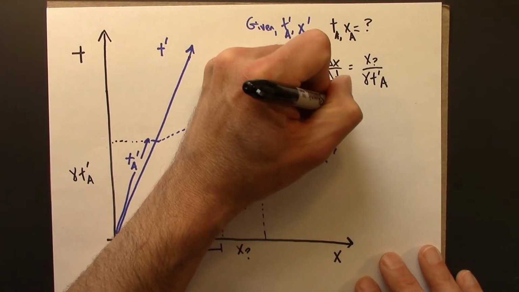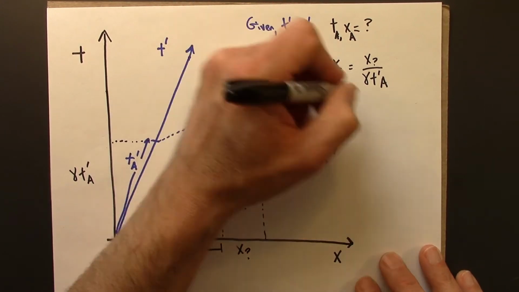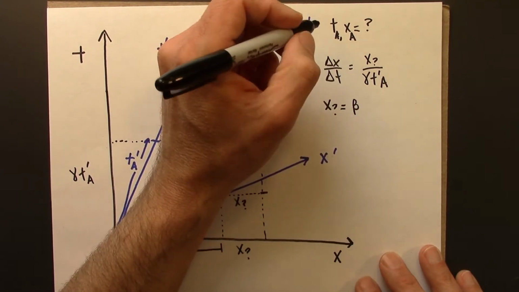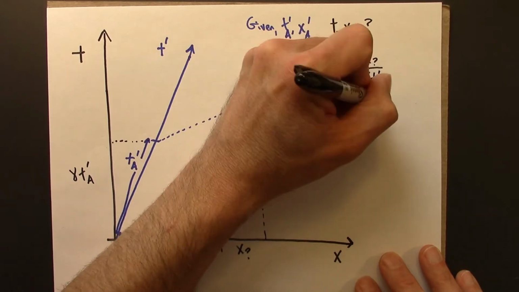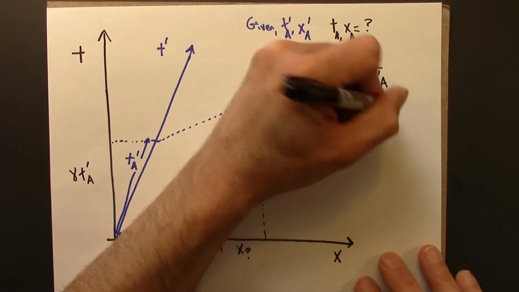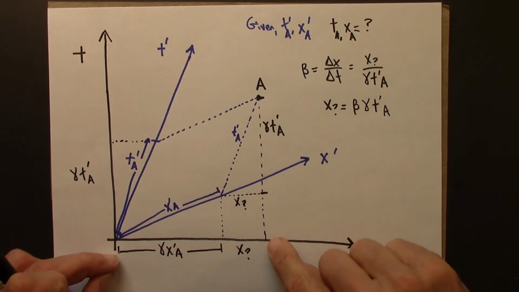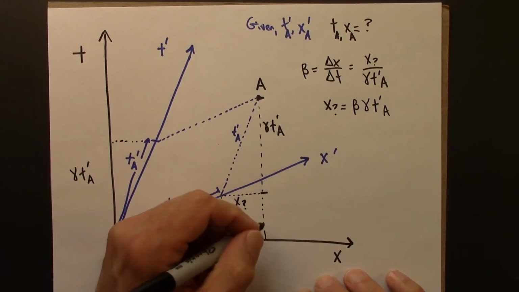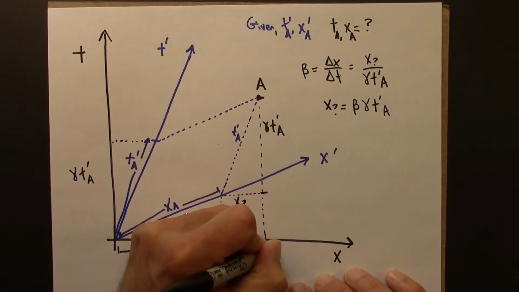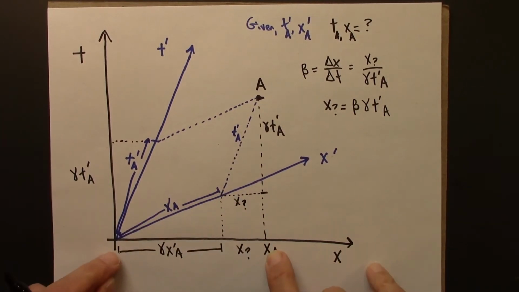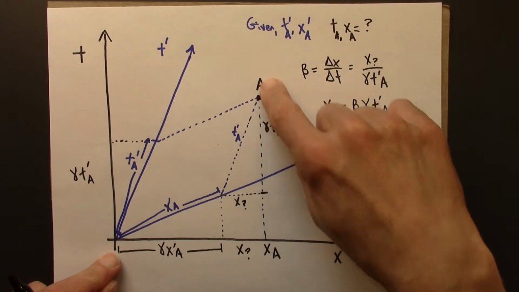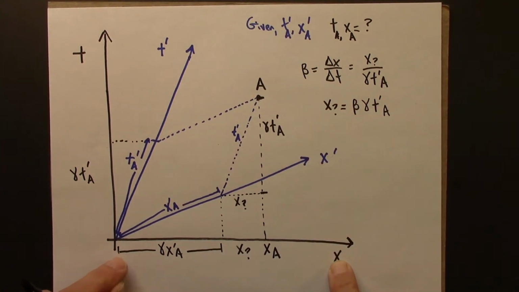x question mark is beta gamma t prime A. And then I can say, all right, I know what x is. Right? Call this x_A. This is the x coordinate of event A in the unmoving frame, in the at-rest frame.